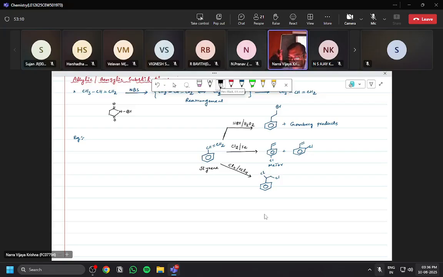We are preparing alkyl halides now. Any other we have seen? If I add simply HBr, instead of adding this, if I add simply HBr, Markovnikov product, then what is the product? Means you will get bromine here. Correct or not?